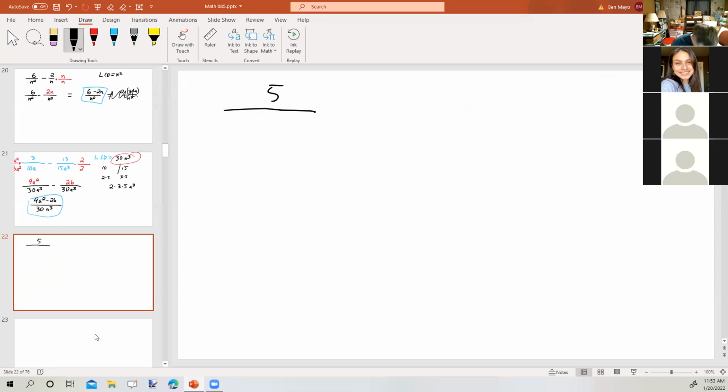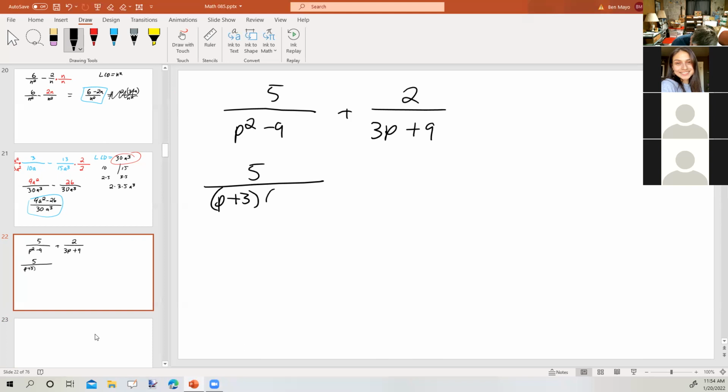5 over p squared minus 9 plus 2 over p, 3p plus 9. Now things are a little bit trickier. I'm going to factor each denominator. This is p plus 3, p minus 3.